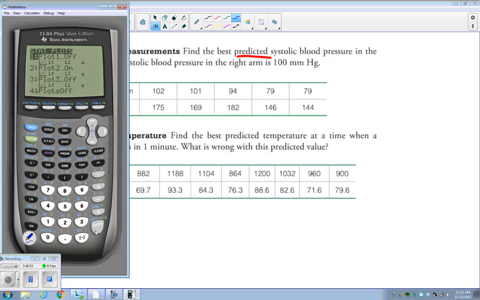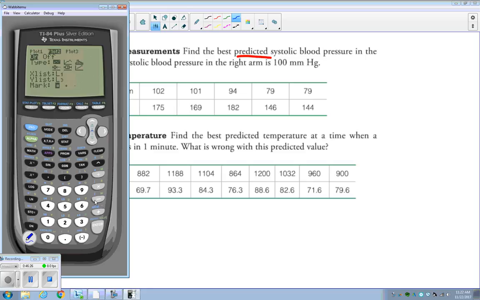So for plot 1, I'm going to go into that and click on so that plot 1 is on. Okay. I'm going to cursor up and cursor over to plot 2.